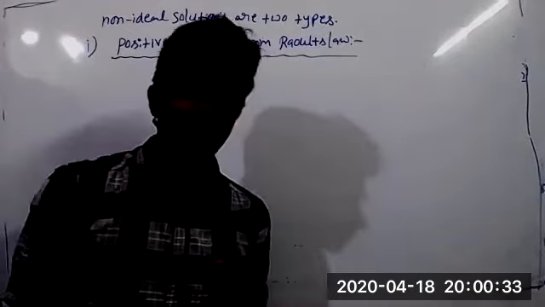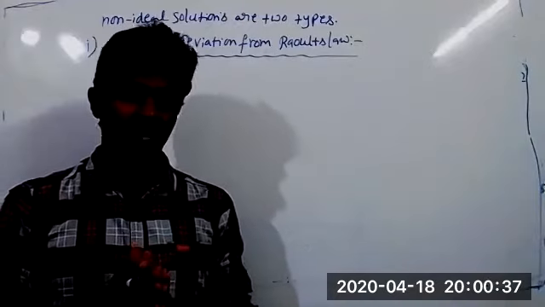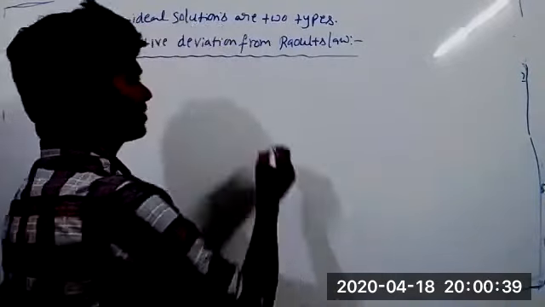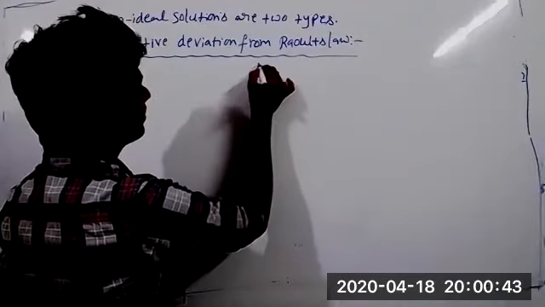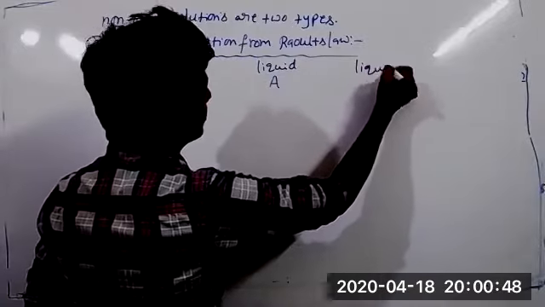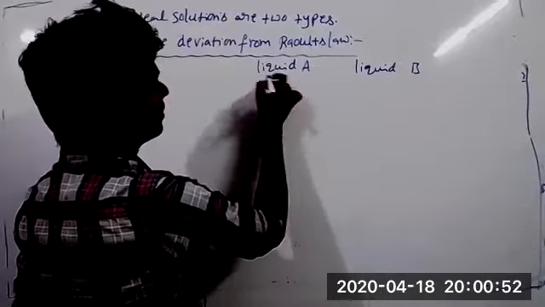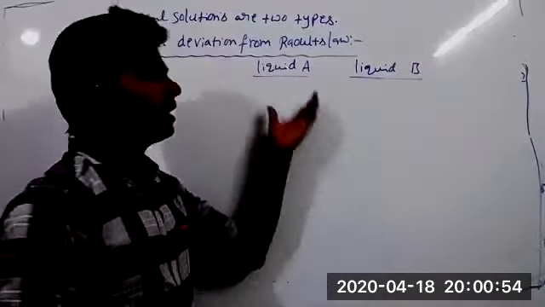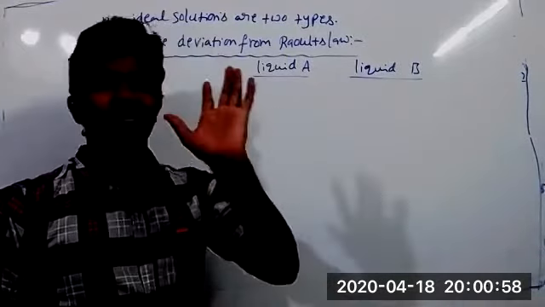Listen here, a small concept. When a solution shows positive deviation from Raoult's law, first of all, I am taking 2 solvents, 2 liquids, liquid A, liquid B. In liquid A, the molecules are A molecules only.